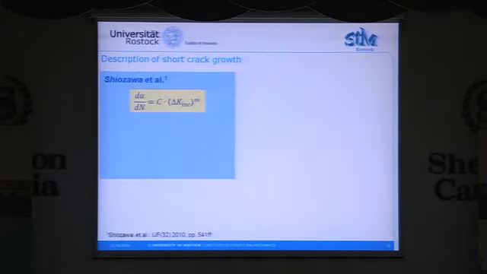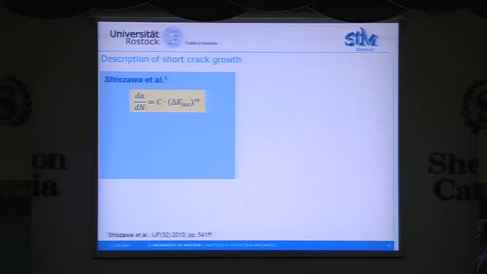In order to describe this, and then I will finish, we applied two approaches. One is the approach by Shiozawa, who said 90% of the lifetime is spent for the building of the fish eye.